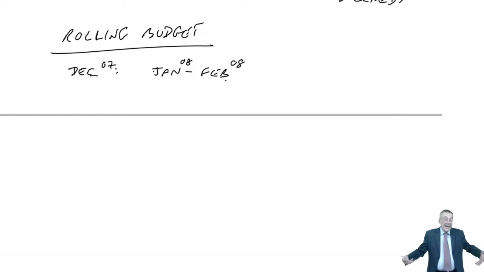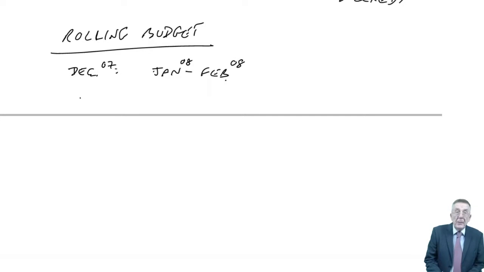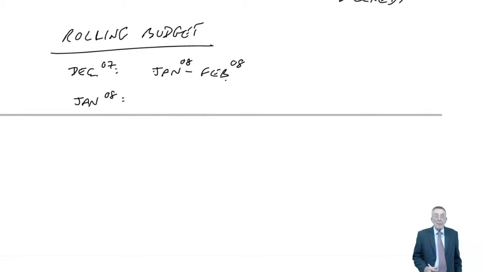And for most companies, that's it. They may update it sometime during the year, but otherwise, next December they'll do a budget for the following year. What we do with a rolling budget is we do a budget every month. So next month, January 2008, we again budget for the following year.